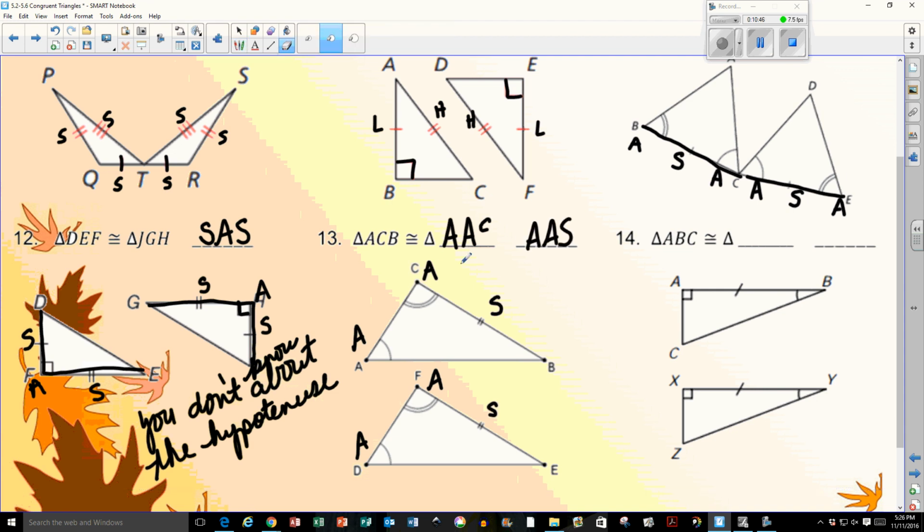Now I need to figure out, well, what triangle? So ABC, so 1, 2, 3. So 1, 2, 3. So it's triangle DFE. So triangle DFE. Order is extremely important. Order matters.